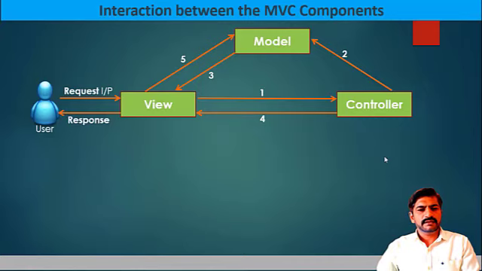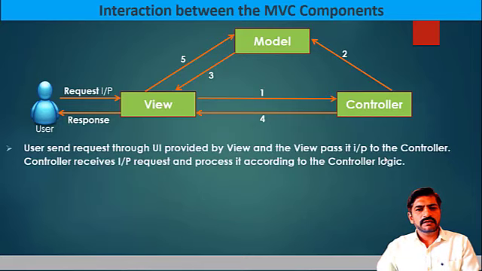So at the last, the view displays the data as per the user requirement format to the user. So this is the interaction between three components, that is model, view, and controller.